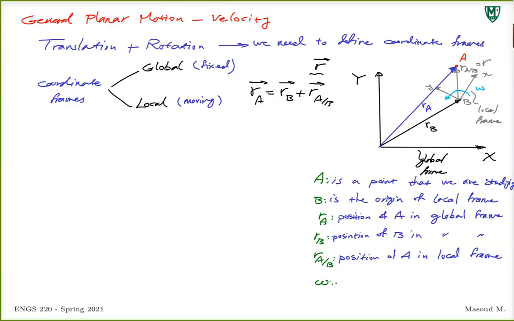So angular velocity of local frame about its origin B. All right.